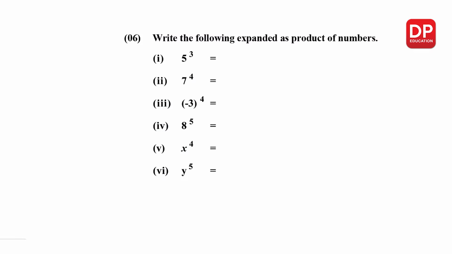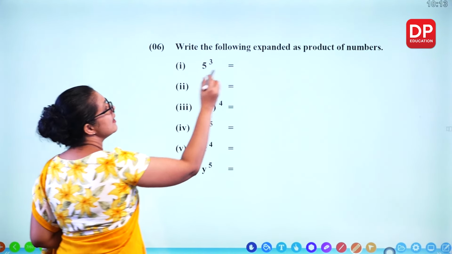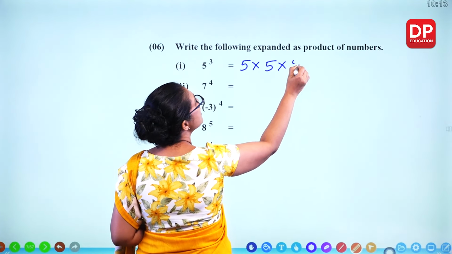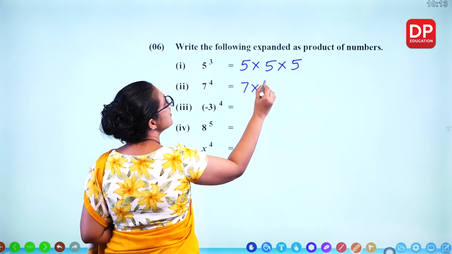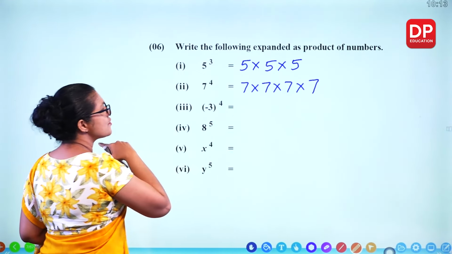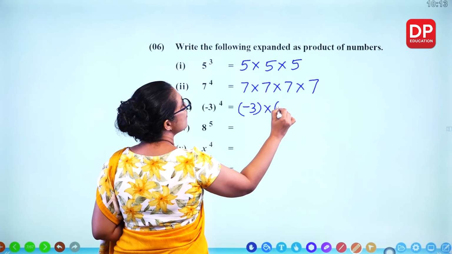Write the following expanded as product of numbers. Now 5 to the power of 3. How can you expand that? 5 3 times. 7 to the power of 4. 7 4 times. Minus 3 to the power of 4. Minus 3 4 times.